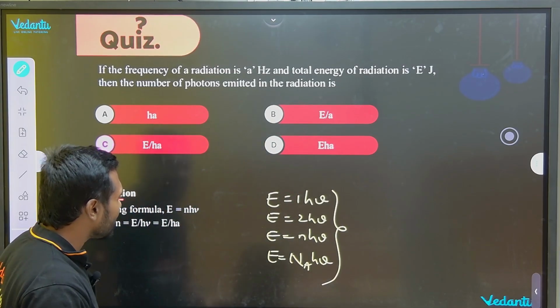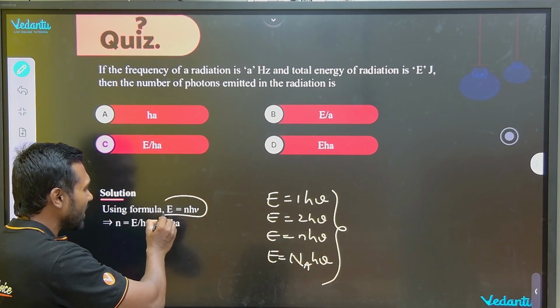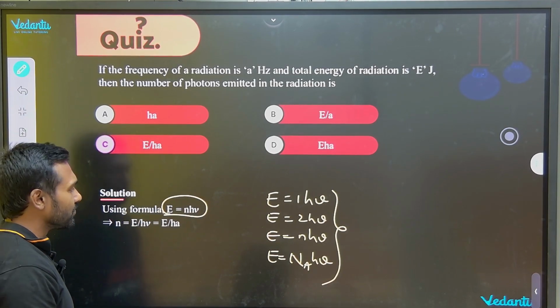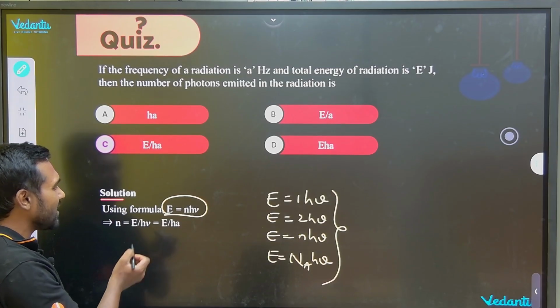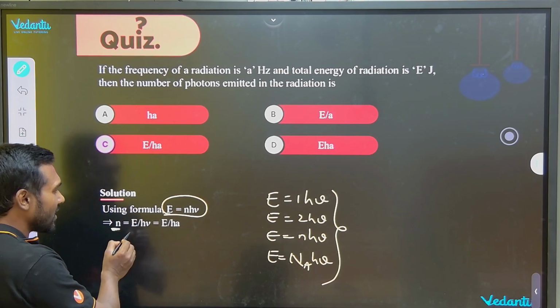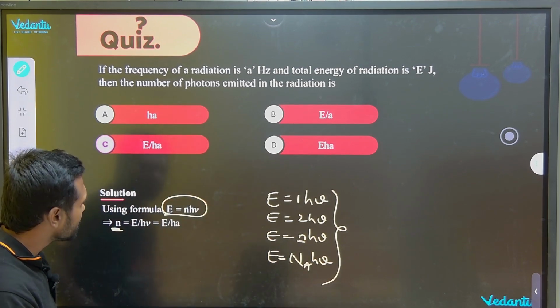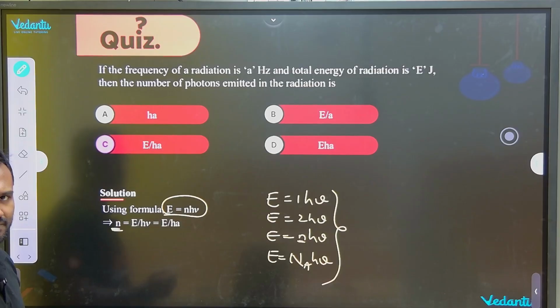But they are asking the number. So now you have to take E is equal to n h nu, where h nu is given as A, and energy they give as E. So they are asking how many quanta, that means they are asking this n value. So the answer is option 1.